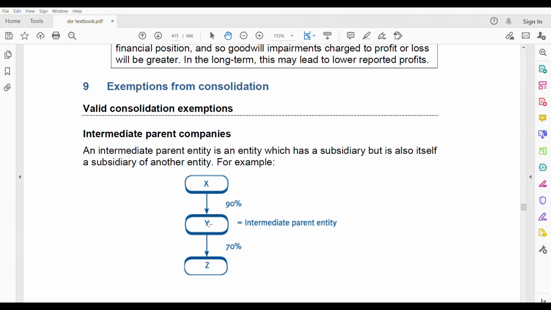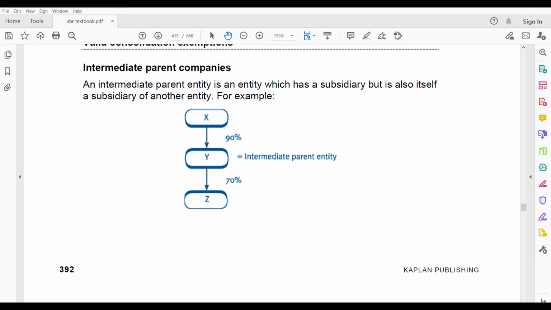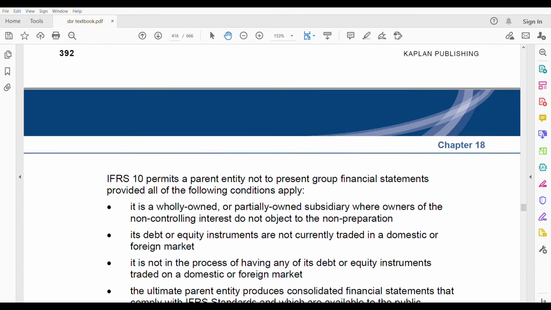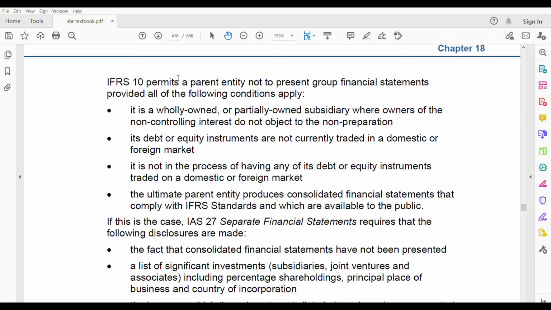So in this condition, what should you do? Can X consolidate both Y and Z? But Z is a subsidiary of Y, not X. So for that, what does IFRS 10 say? They permit a parent entity not to present group financial statements provided all of the following conditions apply. If all of these apply, then you are exempted from consolidating. What are the four conditions?